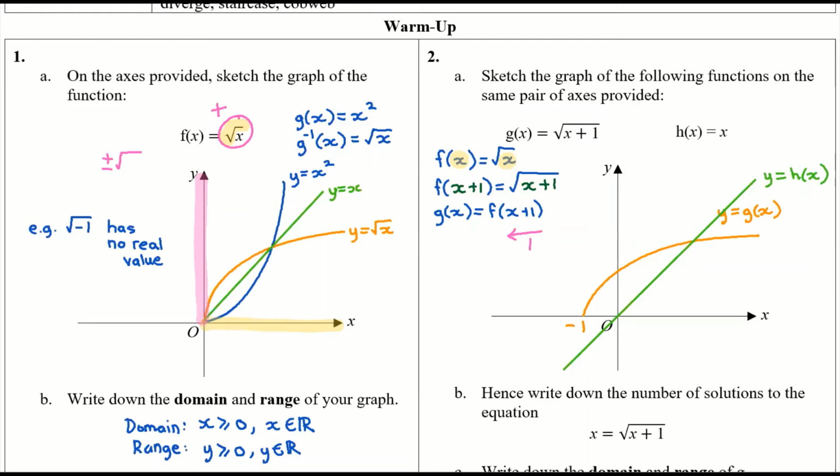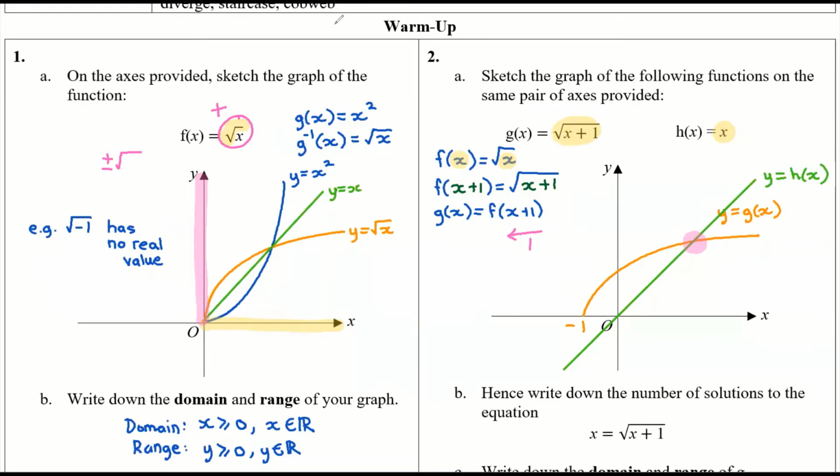And this is something to anticipate when you're doing questions like this. If you're asked to sketch graphs and they're clearly going to intersect, expect to maybe write down the number of solutions in the next part of the question. And that's exactly what we're going to have to do here in 2 part B. So it says write down the number of solutions to the equation x is equal to the square root of x plus 1. Well, that is simply where g of x is equal to h of x, which is where I've labeled already.